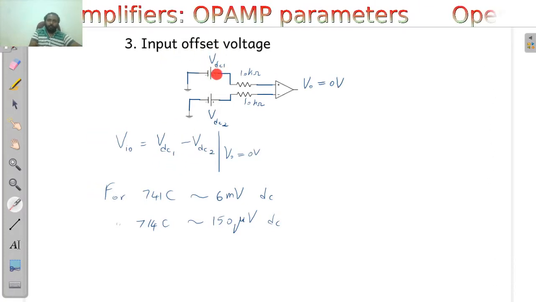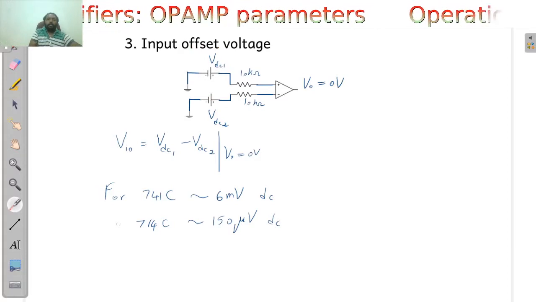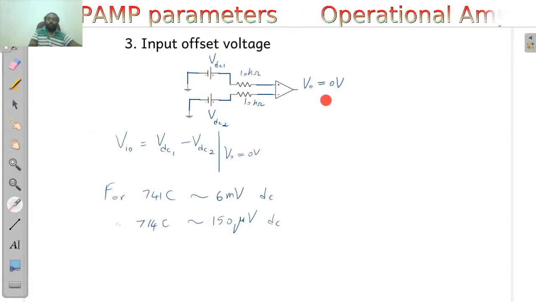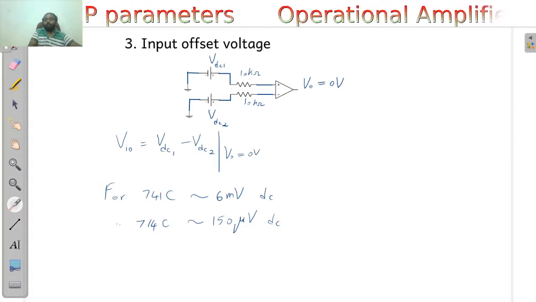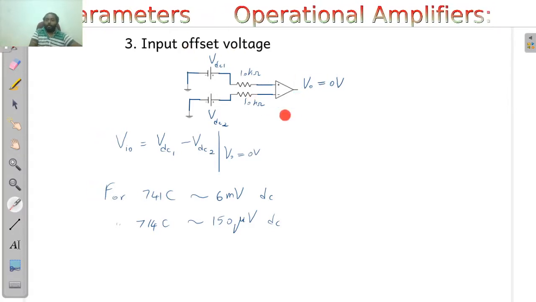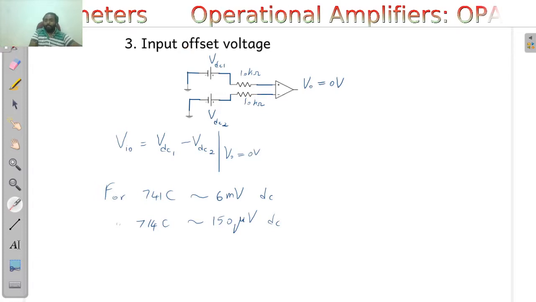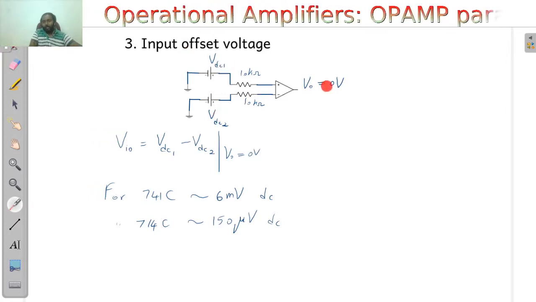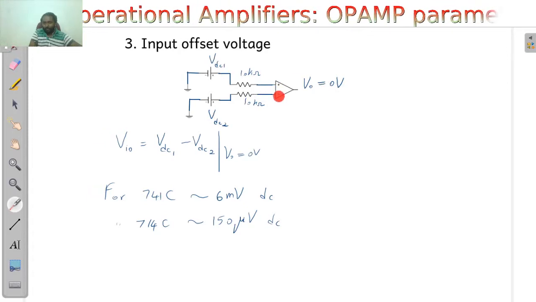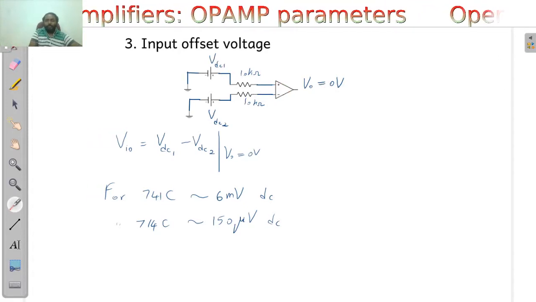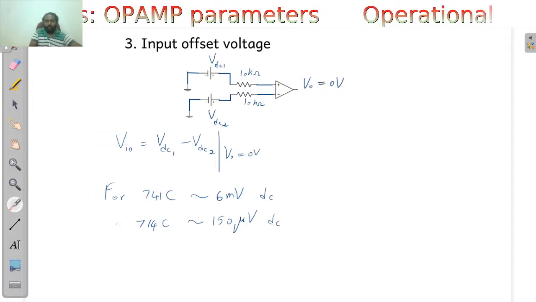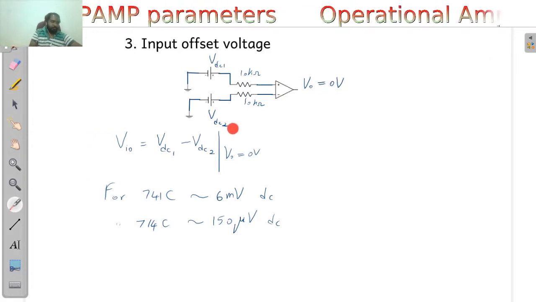So the difference between the non-inverting and inverting input voltages which makes the output voltage equal to 0 is the input offset voltage. Ideally, the op amp should behave in such a way that if both inputs have the same voltage, then the output is 0. But due to the defects in the operational amplifier, you still have a small voltage generated at the output even when the input voltages are the same.